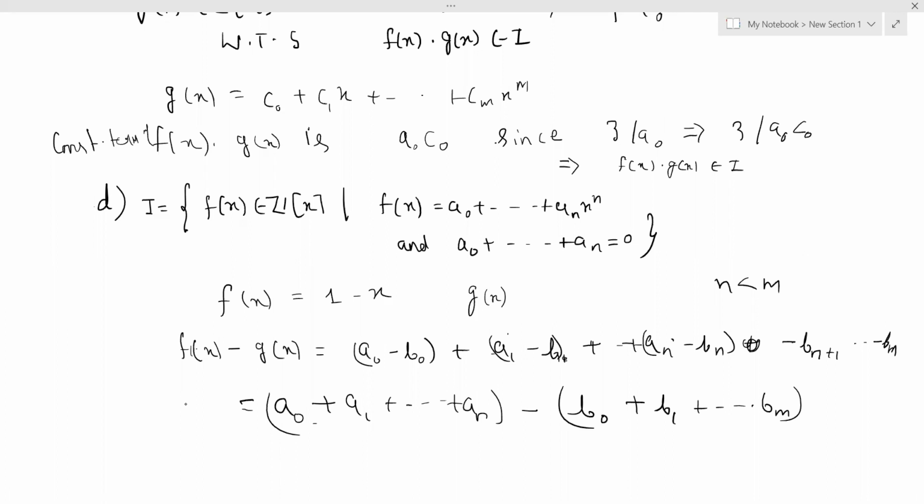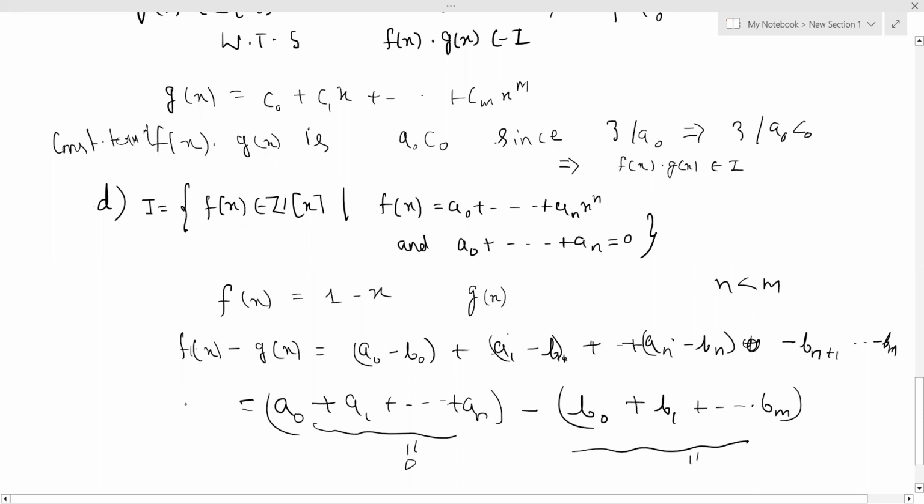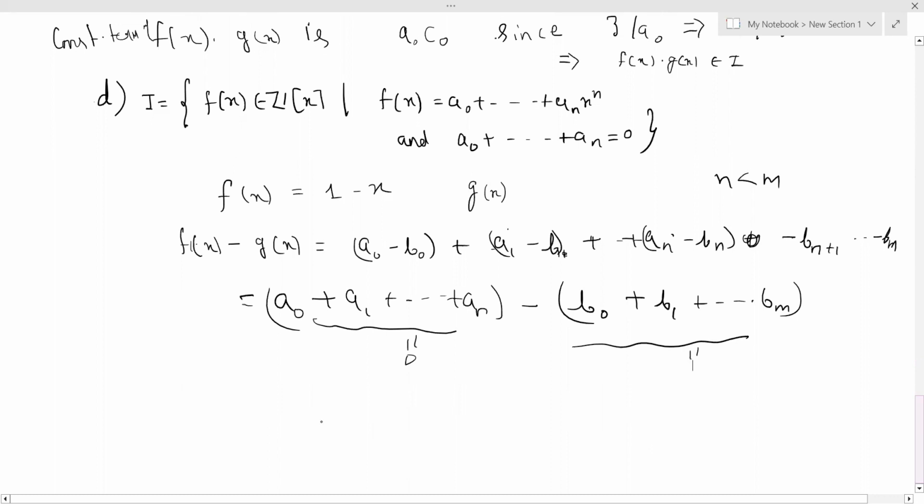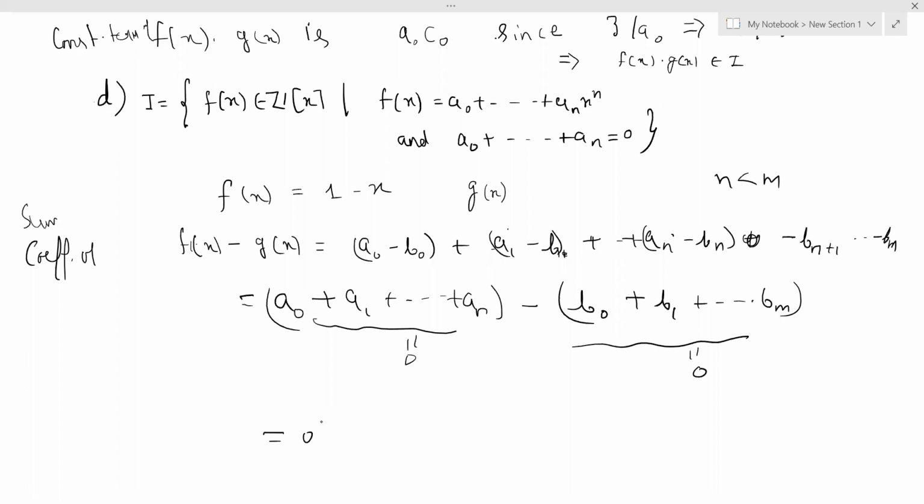So this one is 0, this one also 0, right? That means this is 0. The sum of all coefficients is 0, the sum of the coefficients of f minus g.